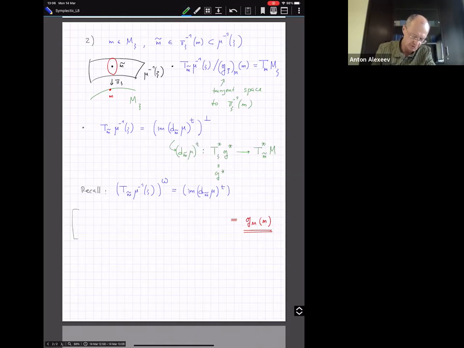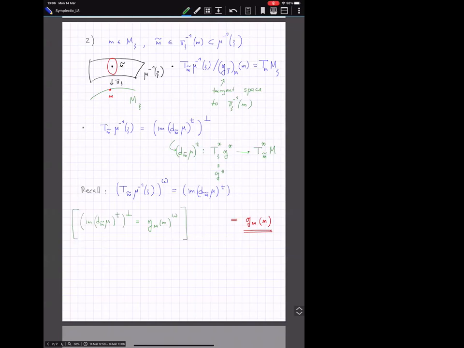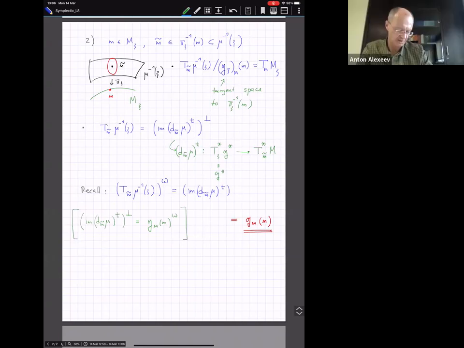So the proposition was saying that the image of dm tilde mu transpose orthogonal was equal to GM M omega orthogonal. Is it right? So there was a proposition last time. Okay, that's perfect. I think that was what the proposition was saying.